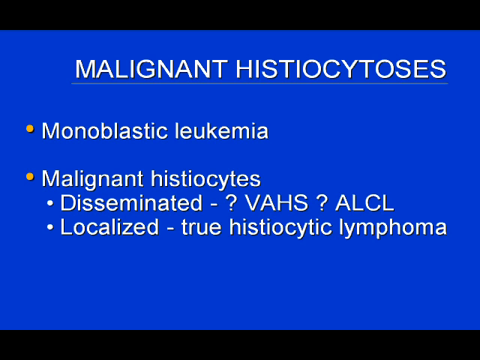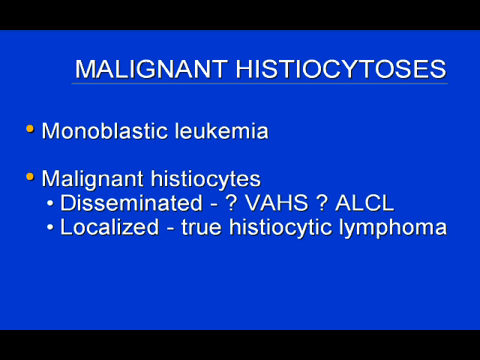Most of the diseases that were in the past called malignant histiocytosis are now identified as being some other disease. Some of these were monoblastic leukemias that presented as tissue infiltration, basically as myeloid sarcomas, and were biopsied and called malignant histiocytosis. I'll show you an example of one such in a minute.